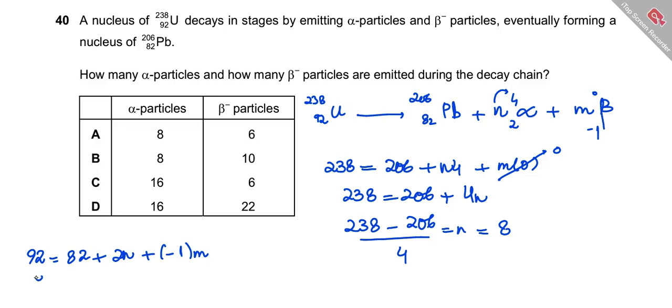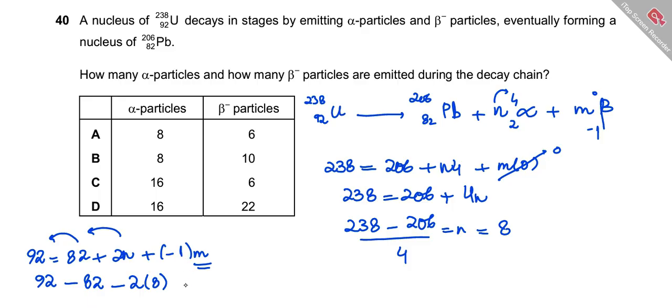So we'd write 92. Let's take these to the other side and leave our unknown as the subject of our equation. 82 goes there, it becomes minus 82. We have minus 2n, and n we already know is 8.